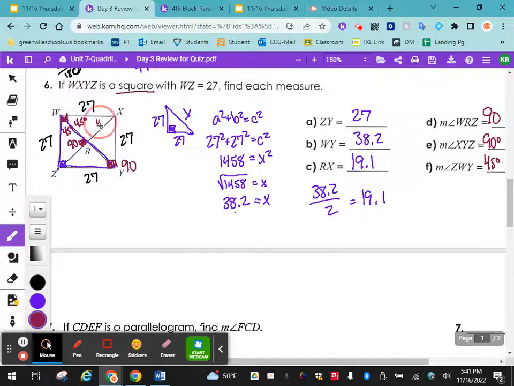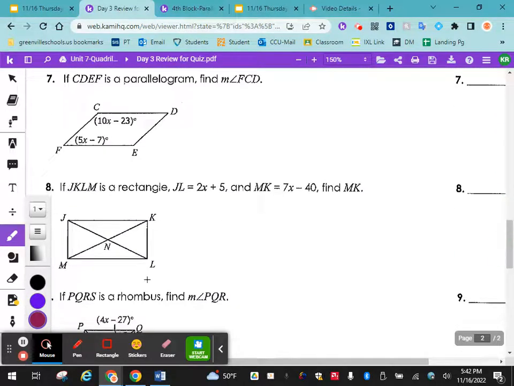Okay? You should be happy if you get a square question on your quiz with angles, because it's either 45 or it's 90. Those are your options. Okay? That's a 45 degrees. All right, keep going.